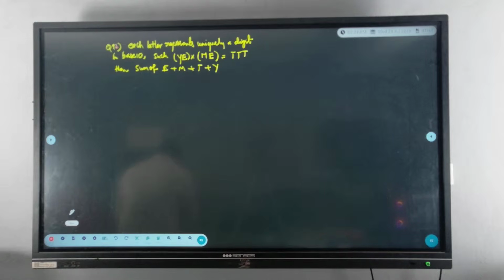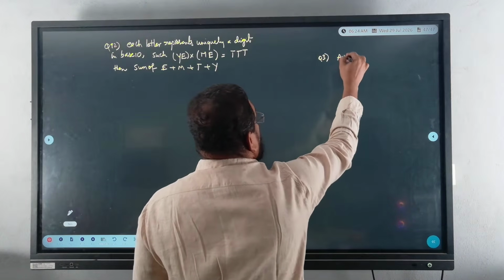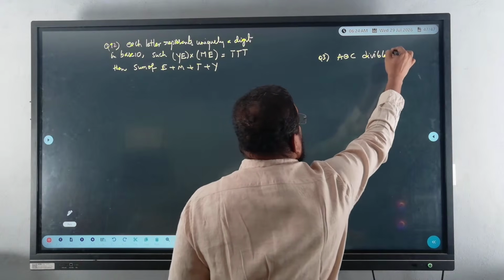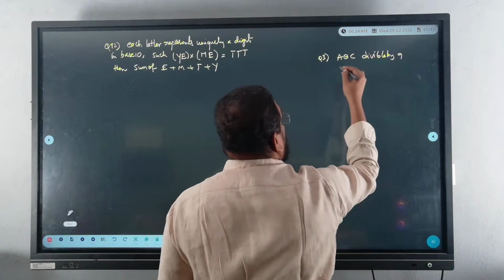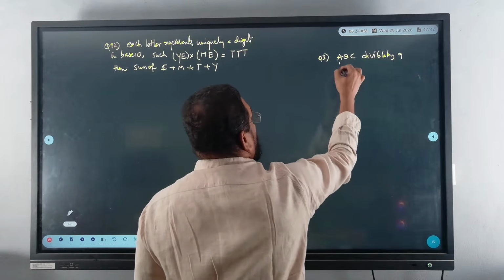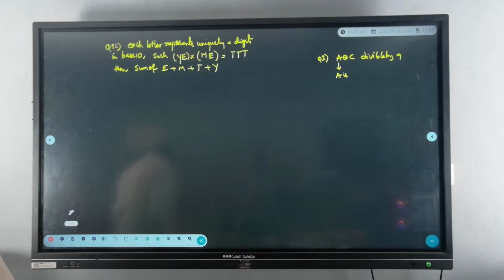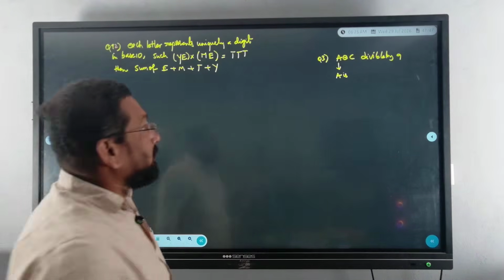What is the number of such 3-digit numbers?